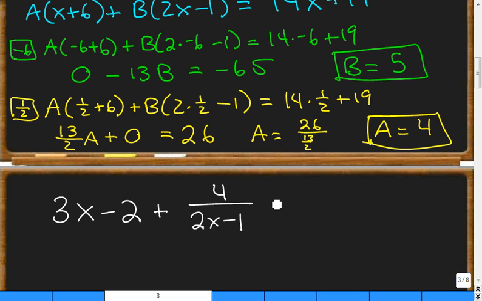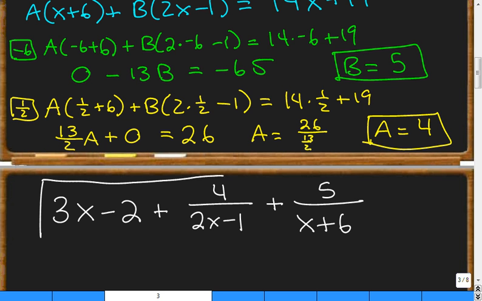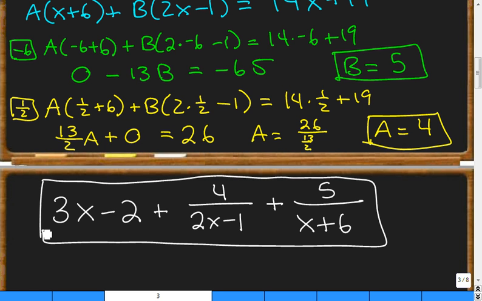And finally, our B value, which we found to be 5, is divided by x plus 6. So this is a completely deconstructed version of our original problem in terms of partial fractions. Now, technically you may say, okay, well that's not a fraction. Well, you can think of it as over 1, but you don't have to. That's just redundant. But the rest of it we can break into fractions using the other method that we learned.